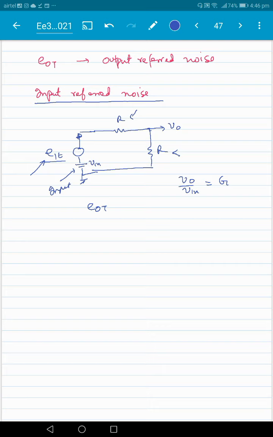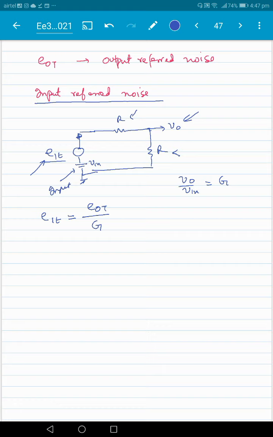Basically the input referred noise would be nothing but EOT divided by the gain, and that will become EIT. So that will become the input referred noise of a circuit here. And that's very convenient, because the noise generated by all the components that are there in the circuit, you propagate it first to the output here.